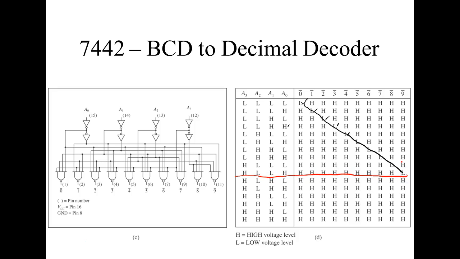If I put a number above 9, the thing's not going to blow up. It's just that it can't decode anything above a 9, and all the outputs will do what? They'll go high. So this is a BCD to decimal. It could be called a 4 to 10 decoder. Are we okay?